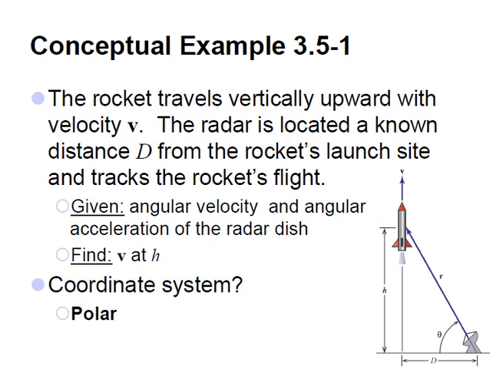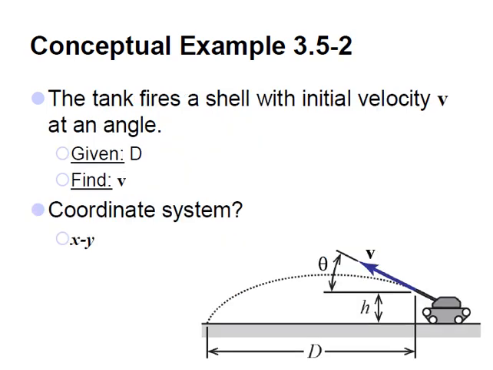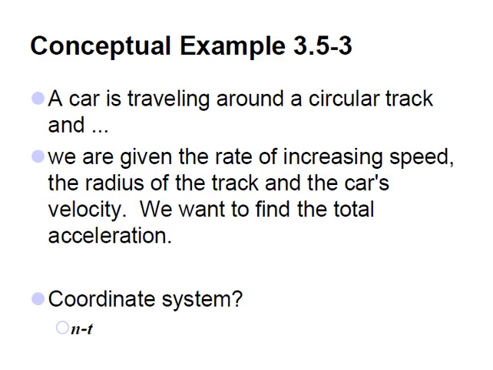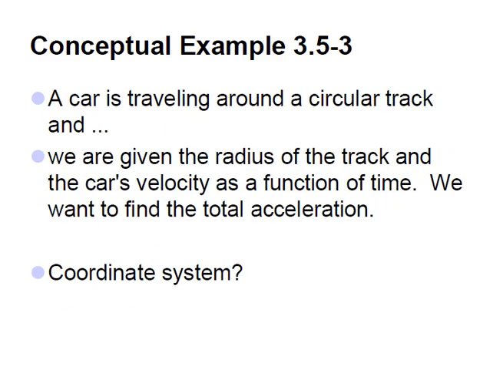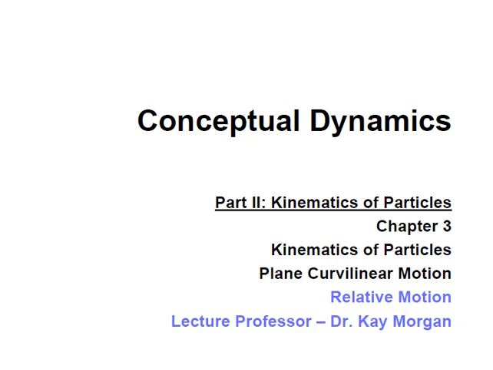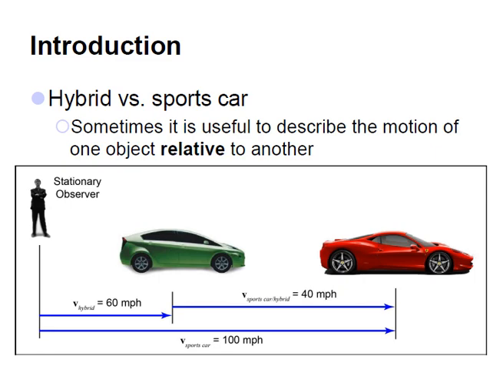Choosing the right coordinate system to solve different complex motions. Here are a rocket and a tank, these are very interesting. I'm just showing you what's in this, and then of course we go into relative motion. Relative motion is very important, because we are studying not only a particular object with a particular path, but another object as well, and both are in motion.